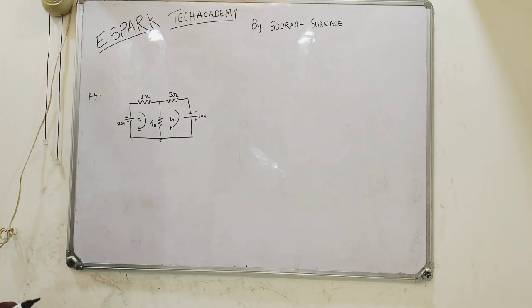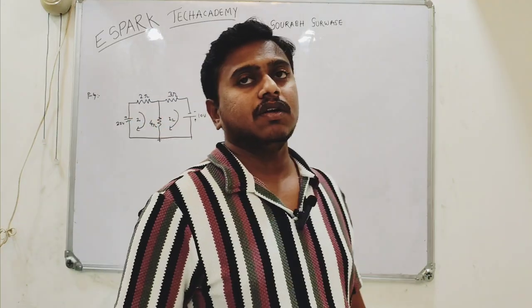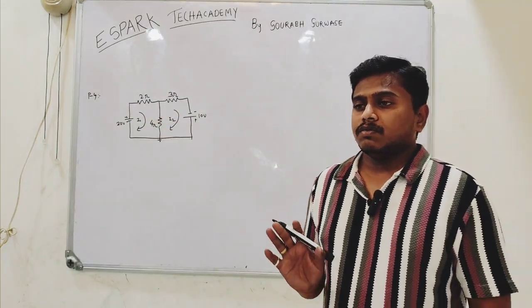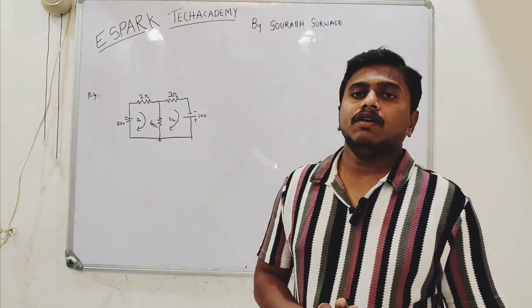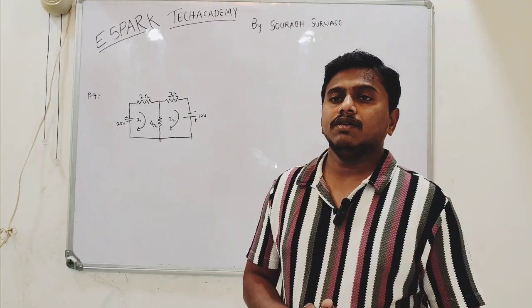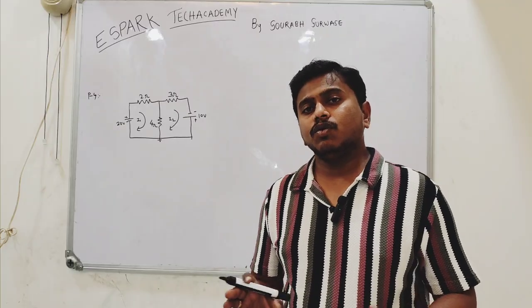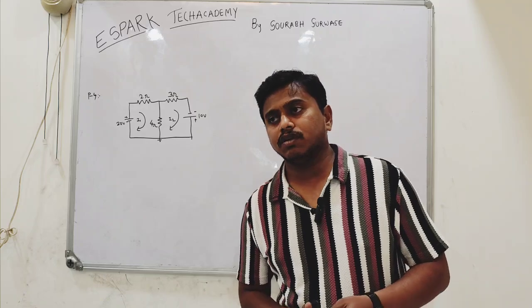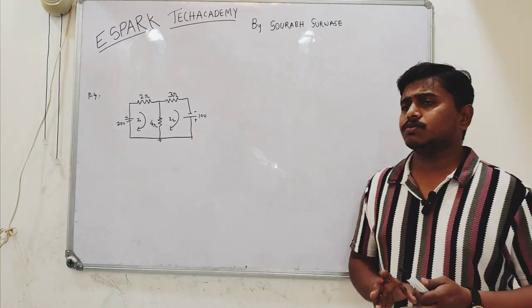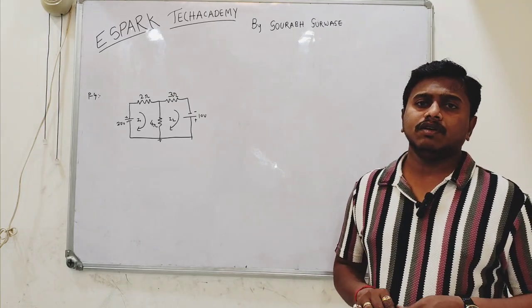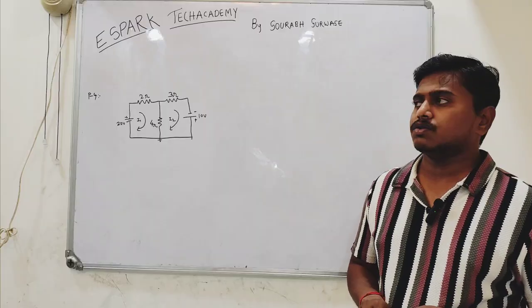If you have already seen my previous lectures, you must know how to apply KVL, how to apply KCL, and even series parallel circuits we have gone through. Even in node analysis we have solved problems of medium to high difficulty level also.